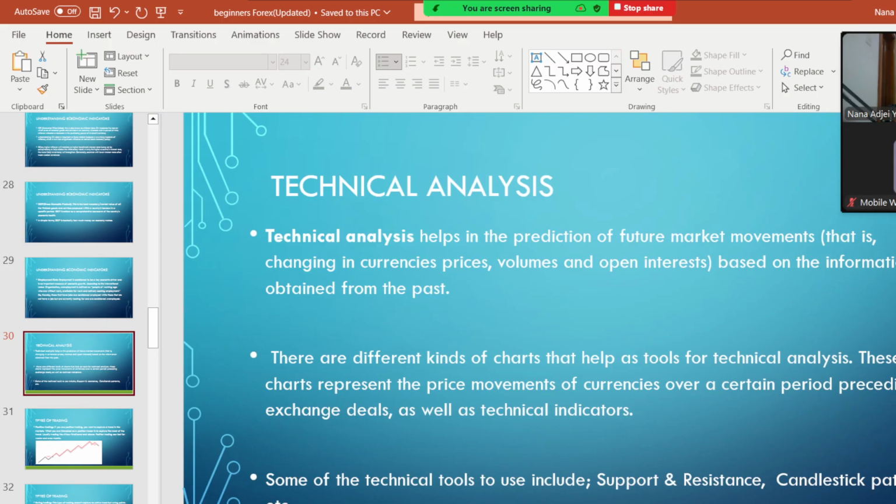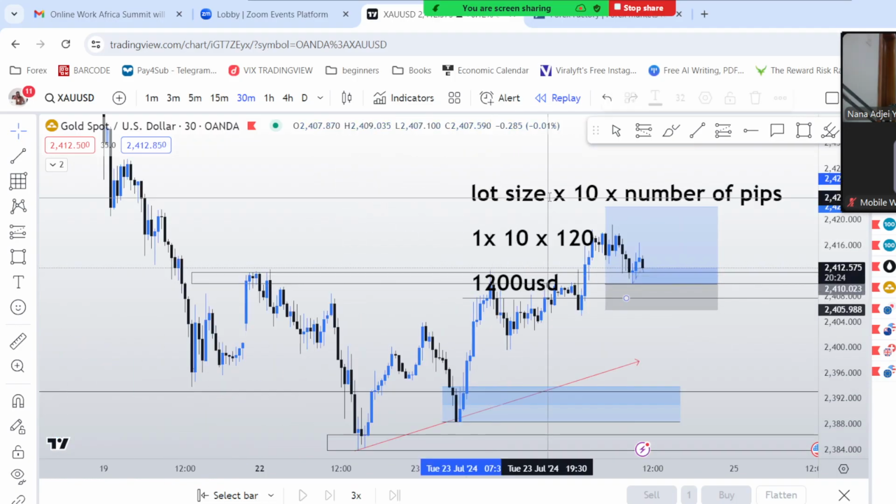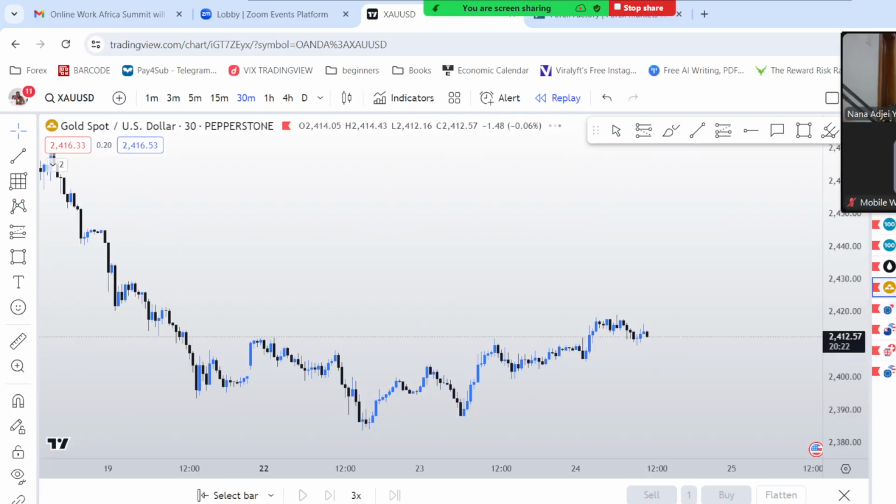We have various tools like support and resistance, candlestick patterns, Fibonacci retracement tools, moving averages, trend lines, and other technical tools. We are going to use these technical tools in conjunction with what we see on the chart, and then we are going to have a prediction of the future price movement. The data that we are talking about is actually the candlestick chart that we see over here. Let me just use a fresh chart.